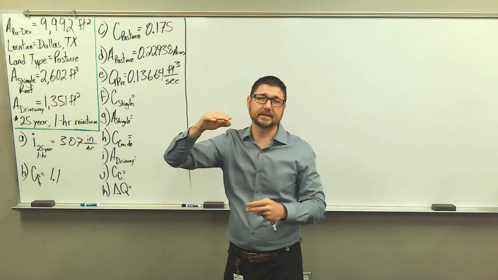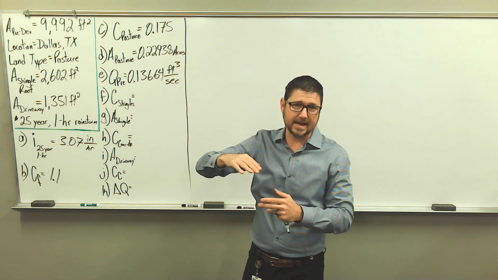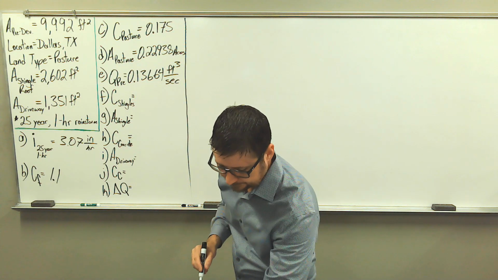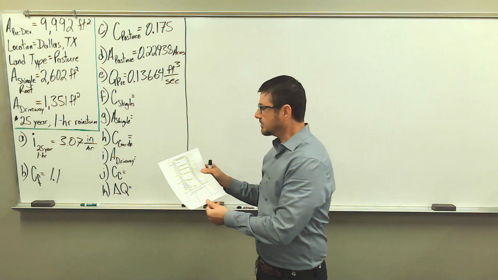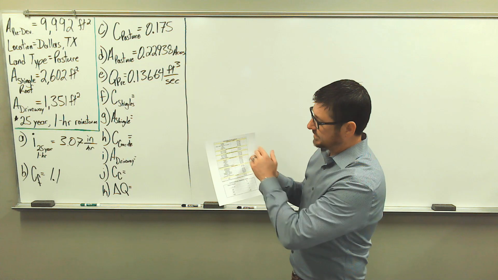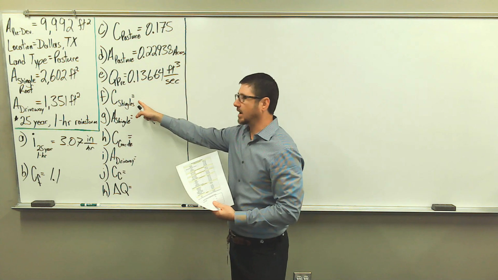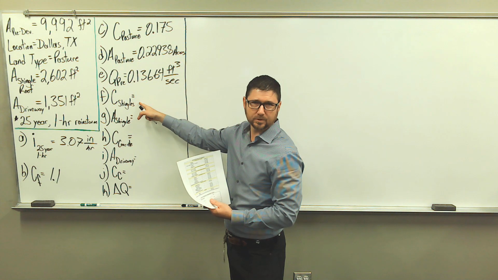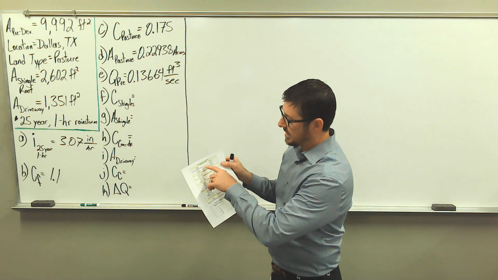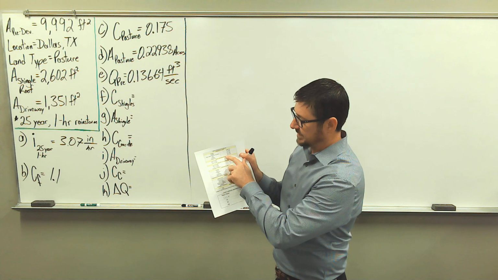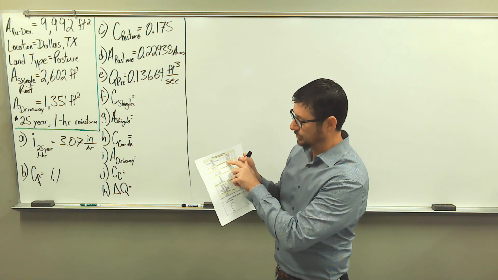The rain is going to contact the roof and the concrete driveway. So once again, we're going to take a look at our table, rational method runoff coefficients. And right here in part F, we're looking for the shingles. Categorized by surface, the last row in this category is titled shingle roof.